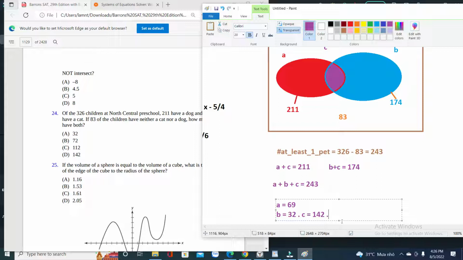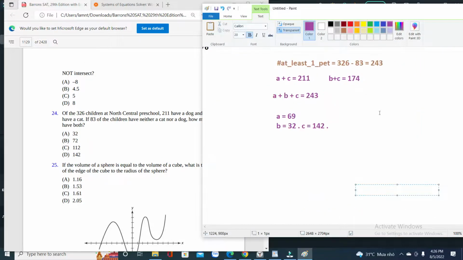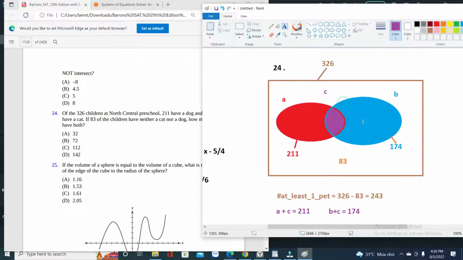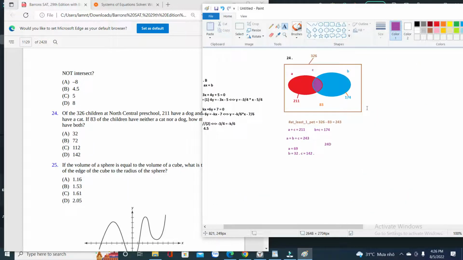That's the section that has both dog and cat, both animals. So therefore for 24, the answer is going to be D. So that's how you solve number 24.